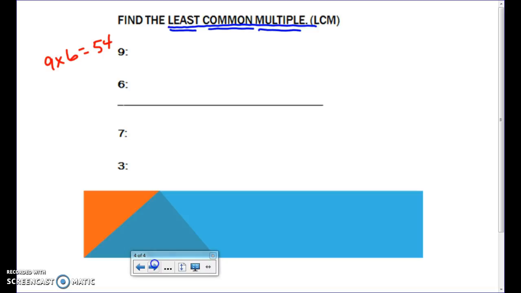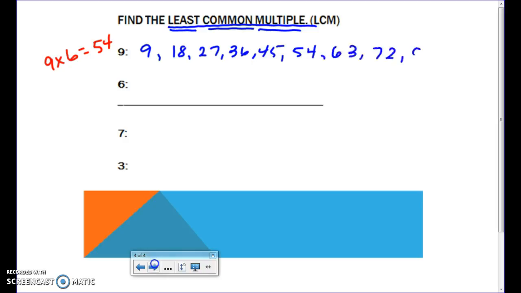So the multiples of 9 include 9, because 9 multiplied by 1 is 9, 18, 27, 36, 45, 54, and I'm just taking 9 times 1, 9 times 2, 9 times 3, 9 times 4, 9 times 5. These are all the multiples of 9: 63, 72, 81, and 90.